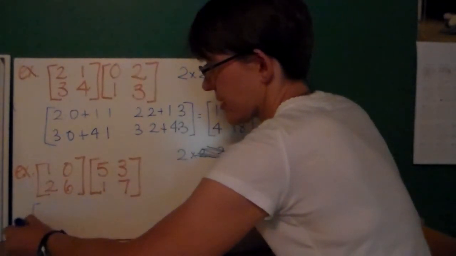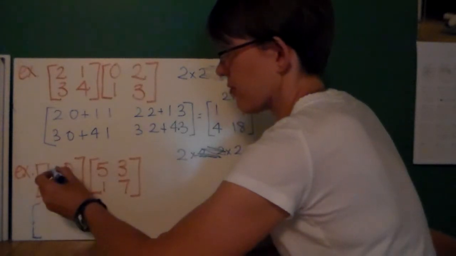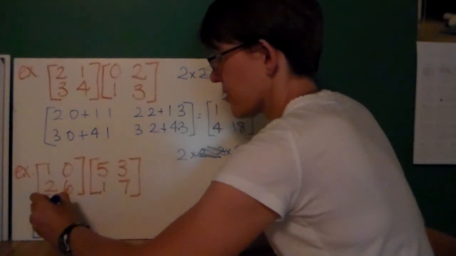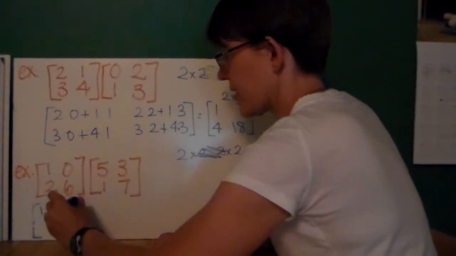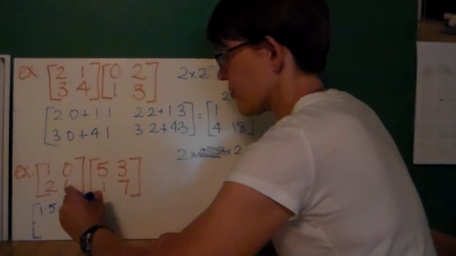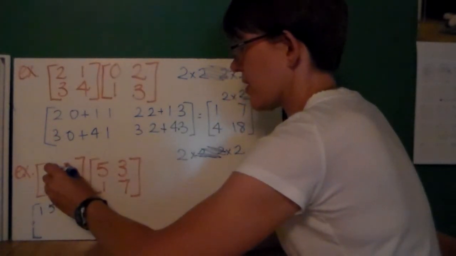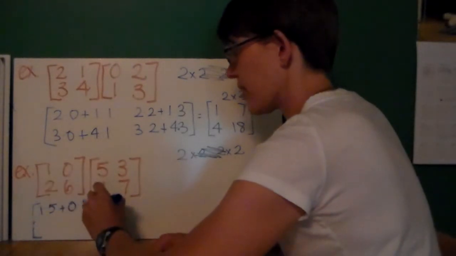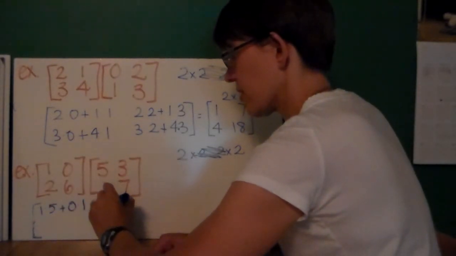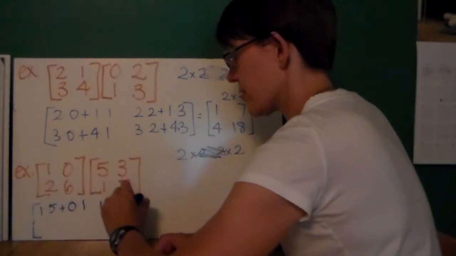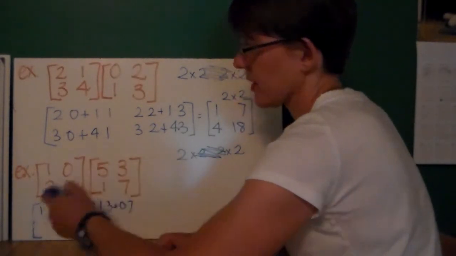So let's do this. Okay, I have 1 times 5 plus 0 times 1. Then moving to the second column, 1 times 3 plus 0 times 7.